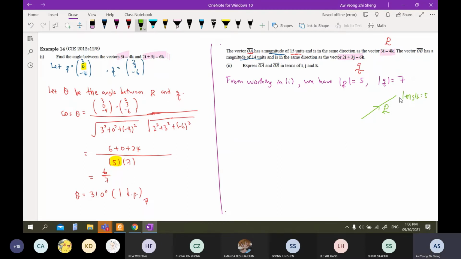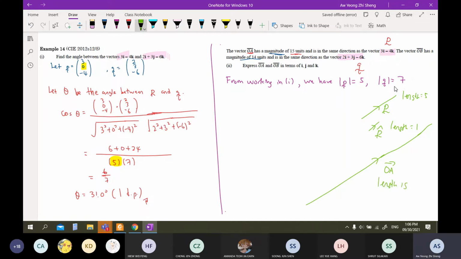what we can do is we shrink the length of P, which means you obtain P hat with a length of 1. And then because your vector OA has a magnitude of 15 units and in the same direction as P, you just need to lengthen it. Lengthen the vector P hat 15 times. So this will be a vector OA with length 15.